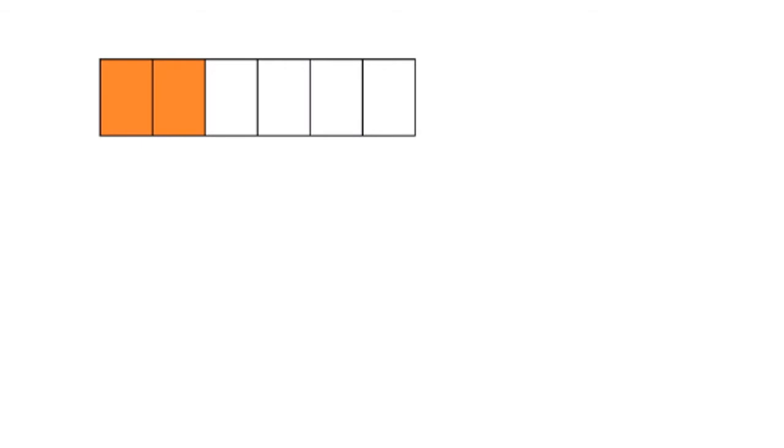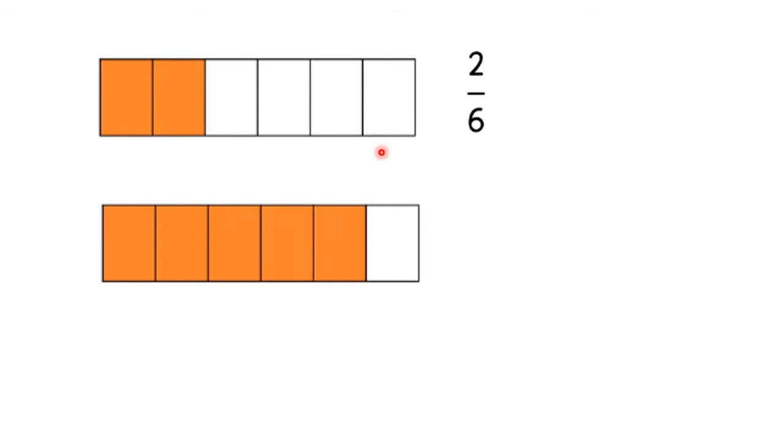Okay, let's have another look at another fraction. Here we have 6 equal pieces and we have 2 shaded in. So this is displaying 2 sixths. Now let's add some more sixths in. Again, we have 6 equal pieces and this time we have 5 shaded in. So we have 5 sixths.